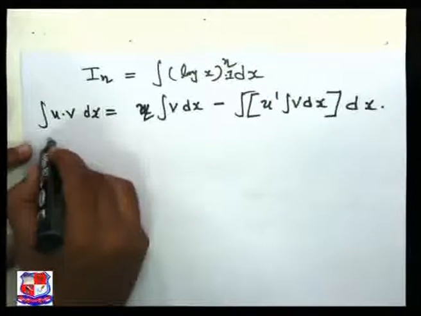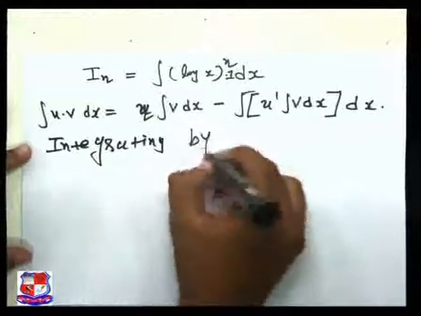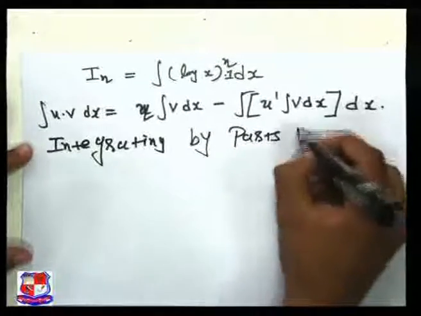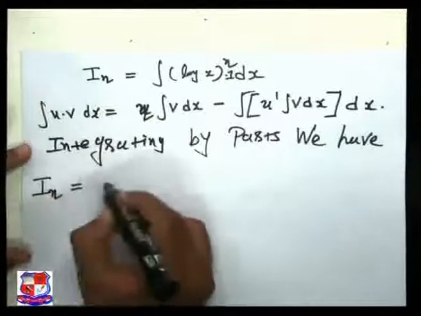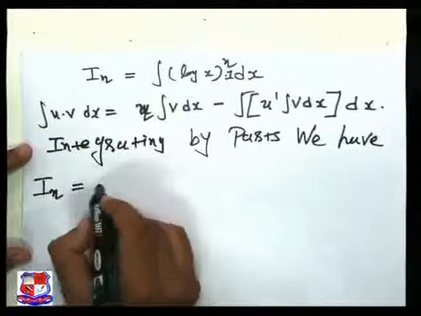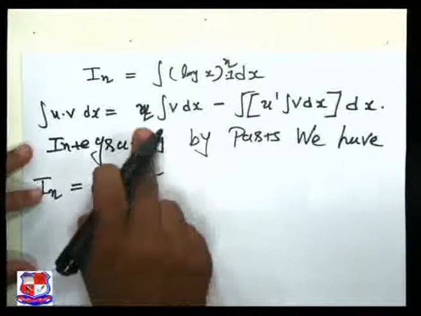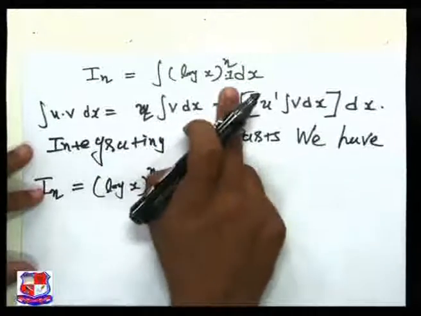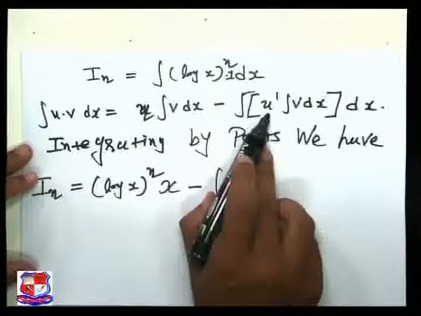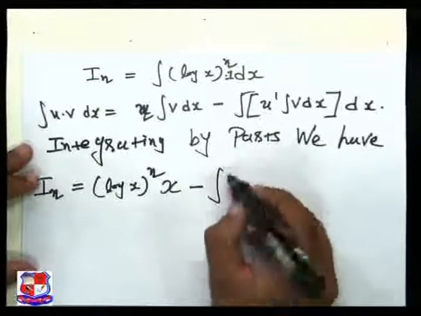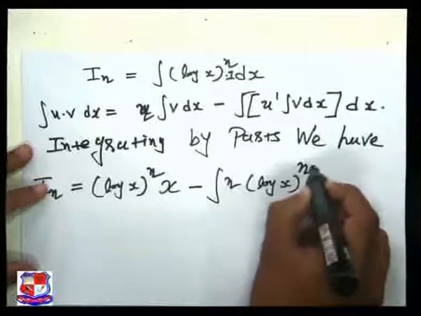So integrating by parts, we have In is equal to, now applying this formula, log x raised to n as it is, as here u is as it is, integration of v, that means integration of 1 with respect to x, so that is x, minus integration of u dash, so that is n log x raised to n minus 1.